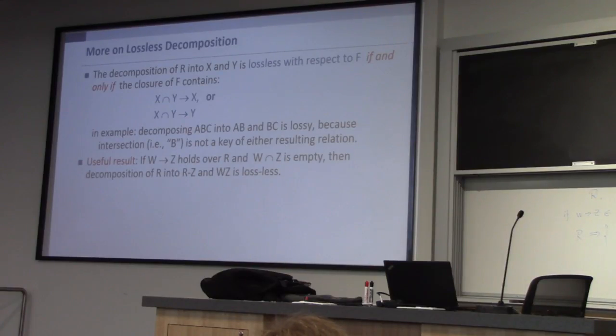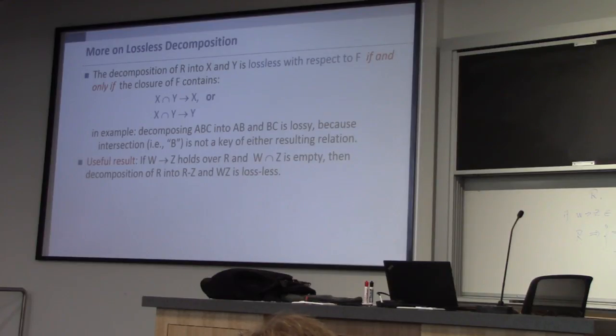And I proved this for you, so I will repeat that proof as a recap of what we said last lecture. How do we prove this? Well, you basically view this as your X, you view this as your Y, right? So all you need to show is that X intersect Y determines either X or Y, right? So that's what you need to show.